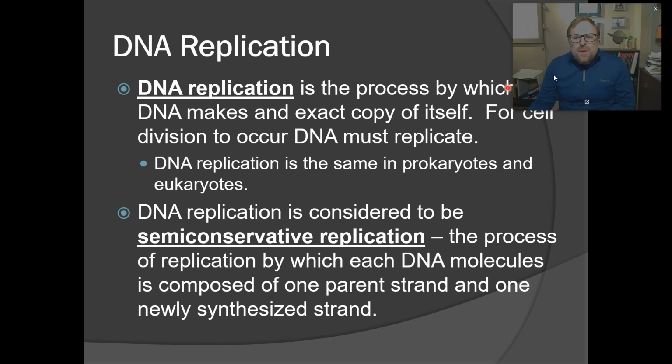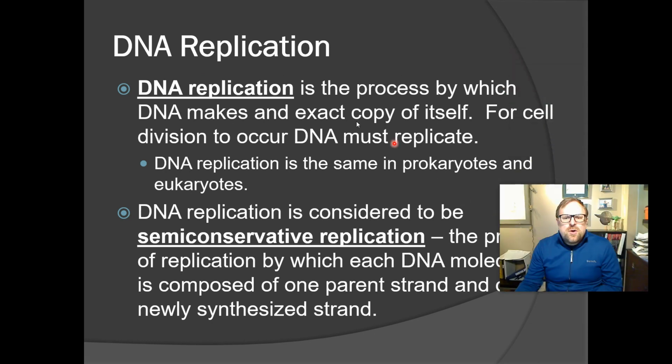So DNA replication, we've already talked about this. This is the process by which the DNA makes an exact copy of itself. And for cell division to occur properly, the DNA must replicate. We must make an exact copy of each of the chromosomes inside of each of the cells that are about to divide. DNA replication is the same in prokaryotes and eukaryotes.